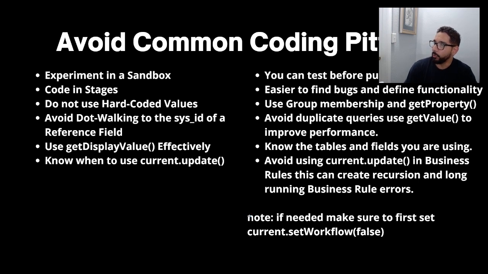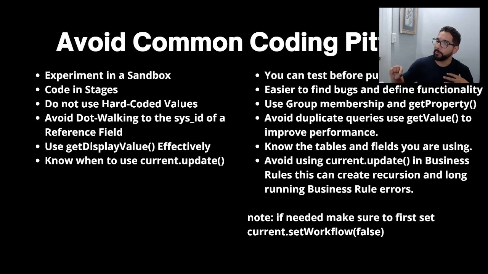And then also there's a get property function that you can use to get certain properties, instead of getting that sysid hard coded, right? Avoid dot walking into a sysid for reference. When you pull the reference, it already has a sysid in the whole thing.